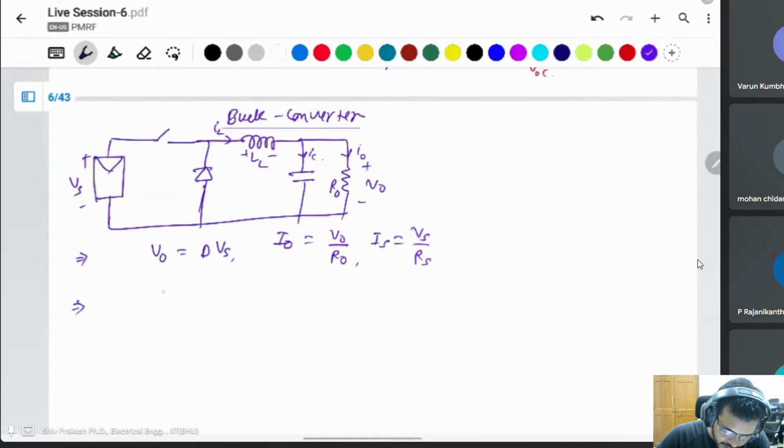Then what happens? Efficiency: V naught times I naught equals Vs times Is, so V naught square divided by R naught equals Vs times Vs divided by Rs.